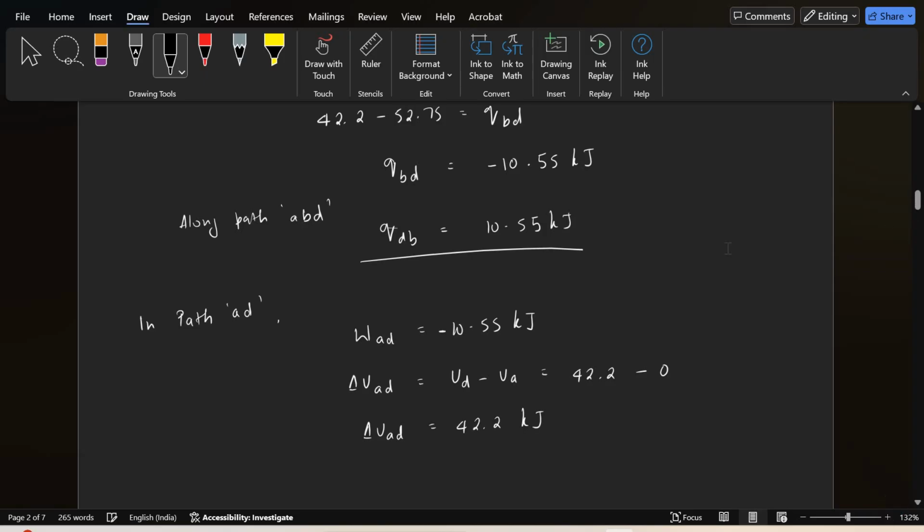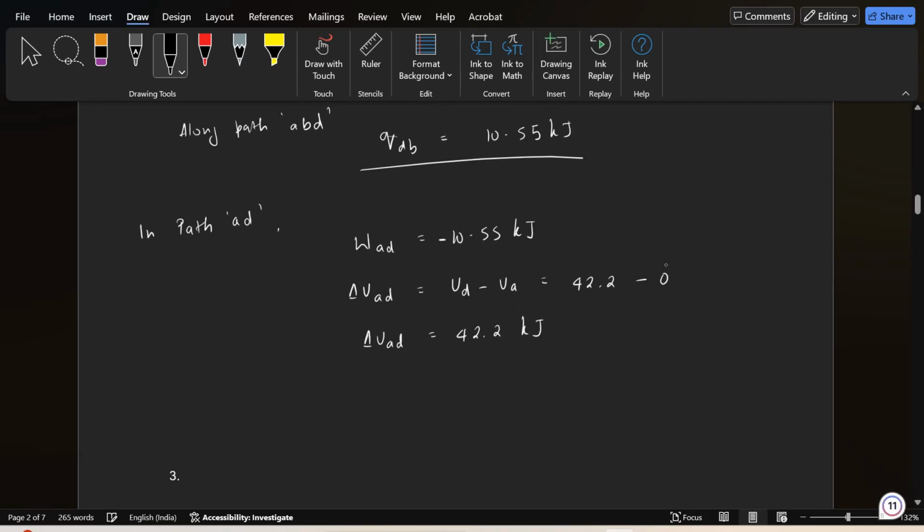So now what is the formula for delta U AD? How can you separate it as heat and work done? Q AD plus W AD is equal to 42.2, correct?